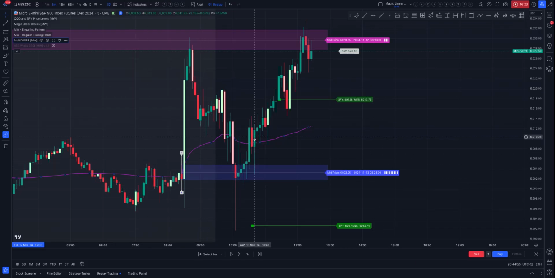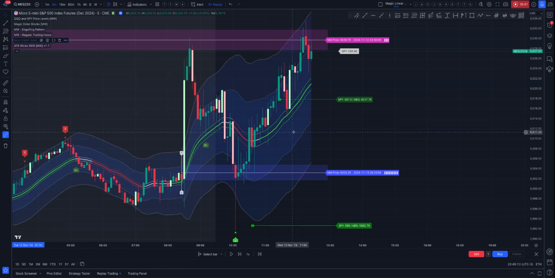And so I have the VWAP open, and oftentimes you'll see a confluence between either one of these price levels, an order block, and the VWAP, and that's really important. And then sometimes I will shut that down and turn on the ATR wicks, which gives me an EMA.